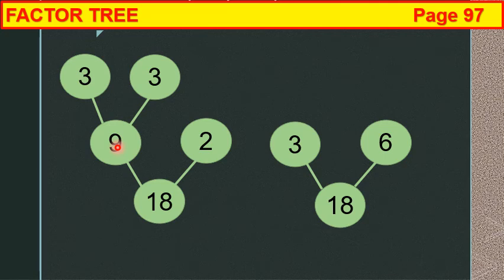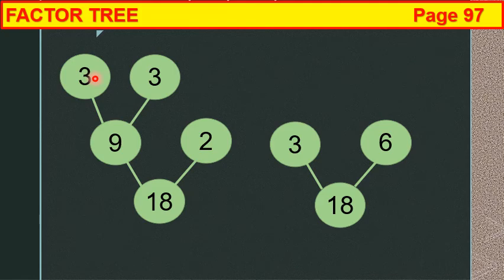Now children, find any two numbers which when multiplied give 3. 1 three is 3. But remember, the ones table is not used in the factor tree method. So the multiplication of no other two numbers gives 3.